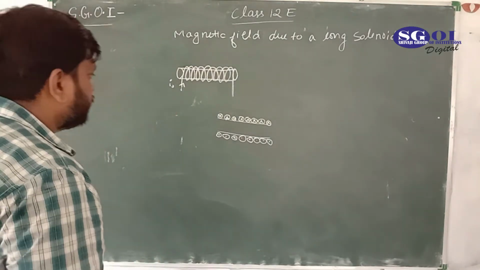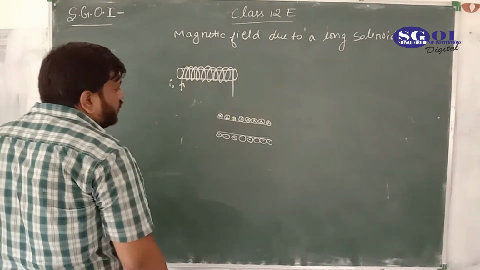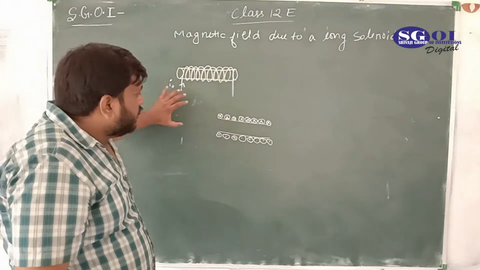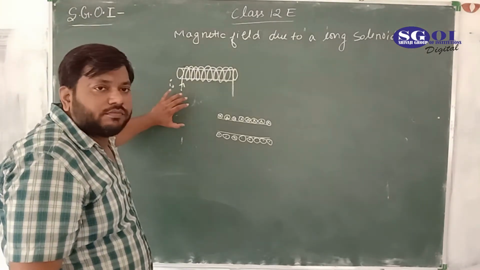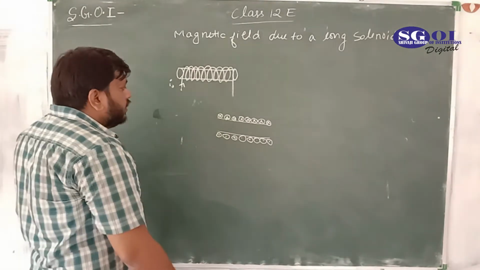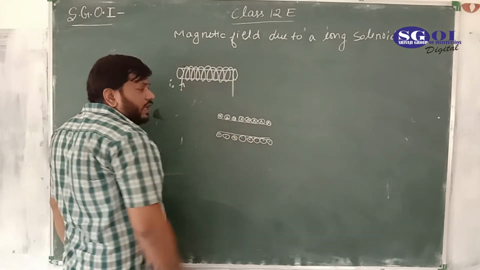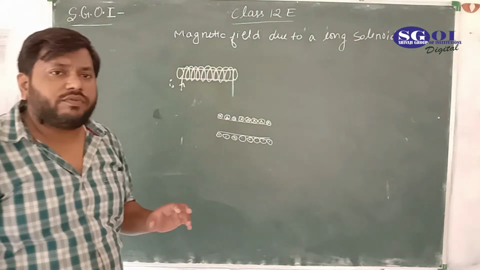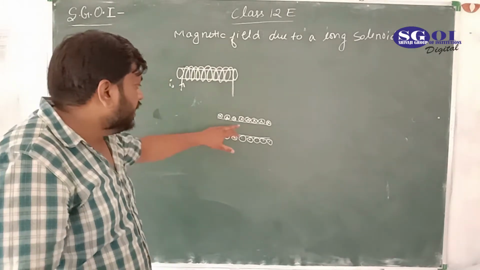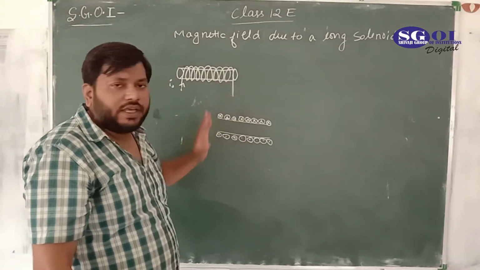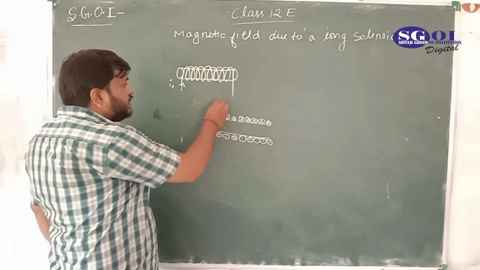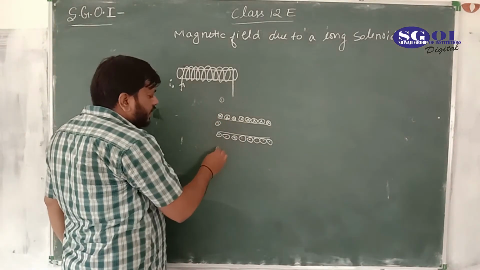Now we will find the magnetic field. First of all we would observe the direction of the magnetic field inside, outside, here and here. We have three regions, first, second and third.